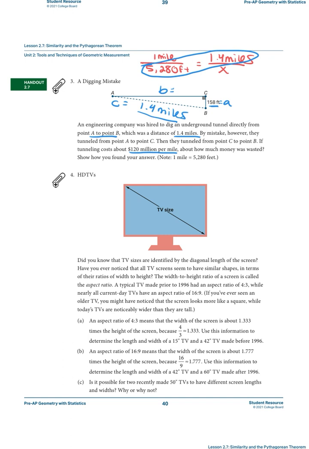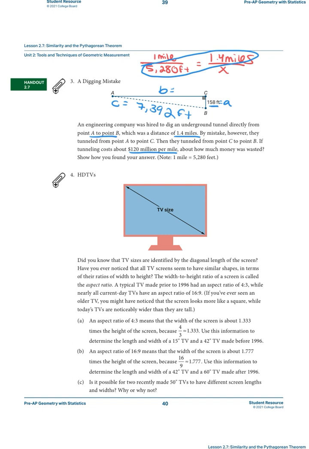Whenever I multiply 5,280 by 1.4, I got 7,392. So that means that this is 7,392. So let me go ahead and erase this. This is 7,392 feet.